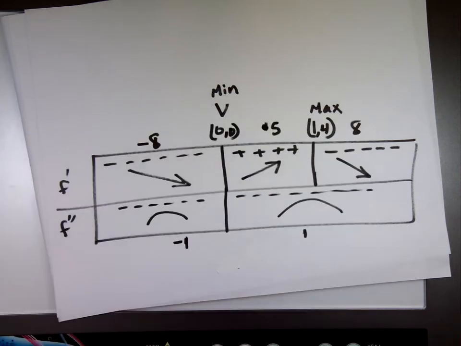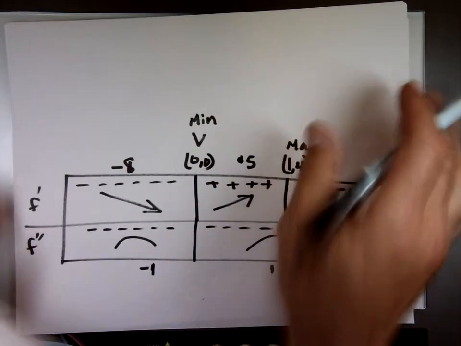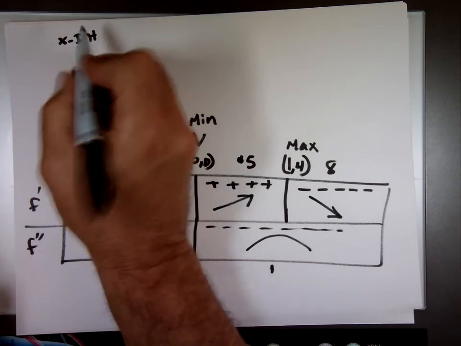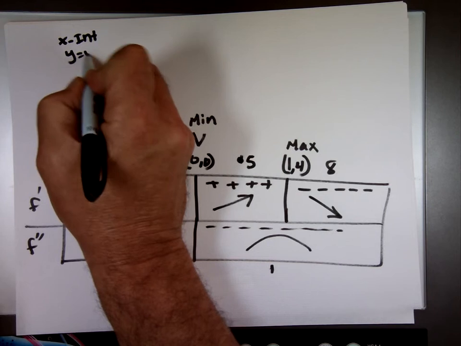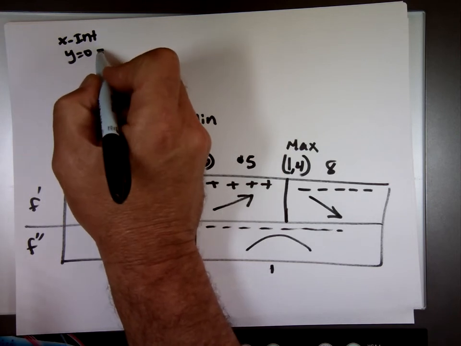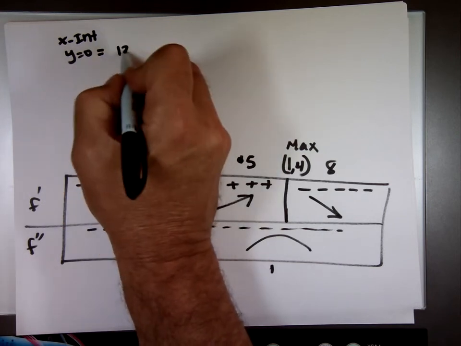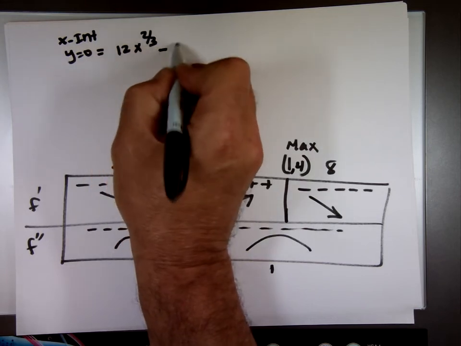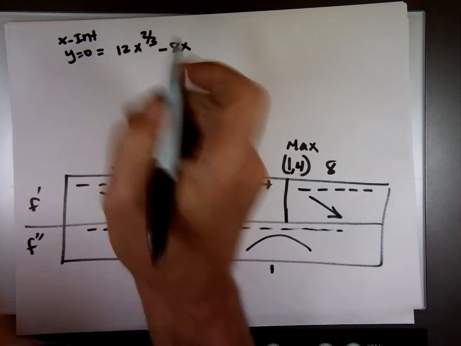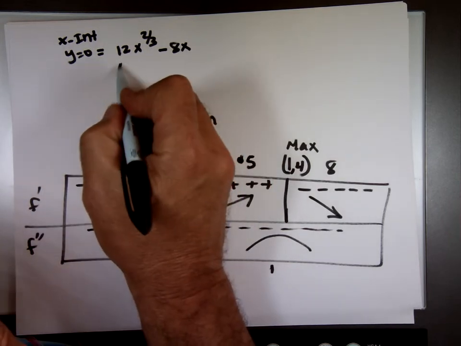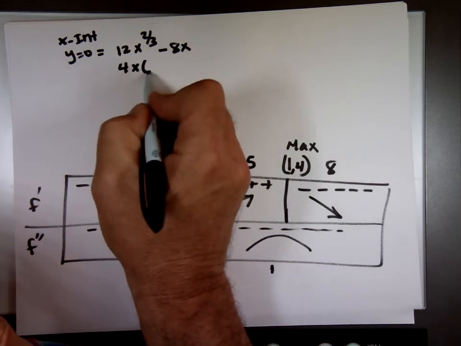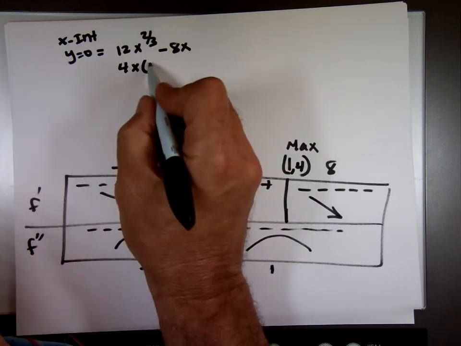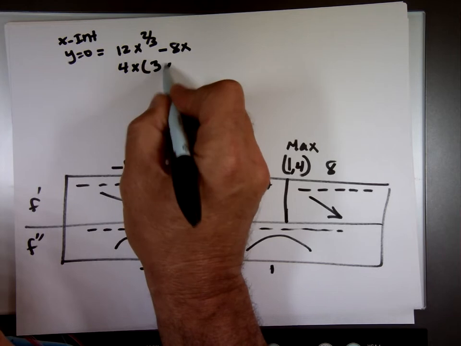So I'll put on this page x-intercept: you let y be 0. And what was the problem? 12x to the 2/3 minus 8x. You can factor out 4x. If I take a 4x out, what's left here? 3x to the negative 1/3 minus the 2.